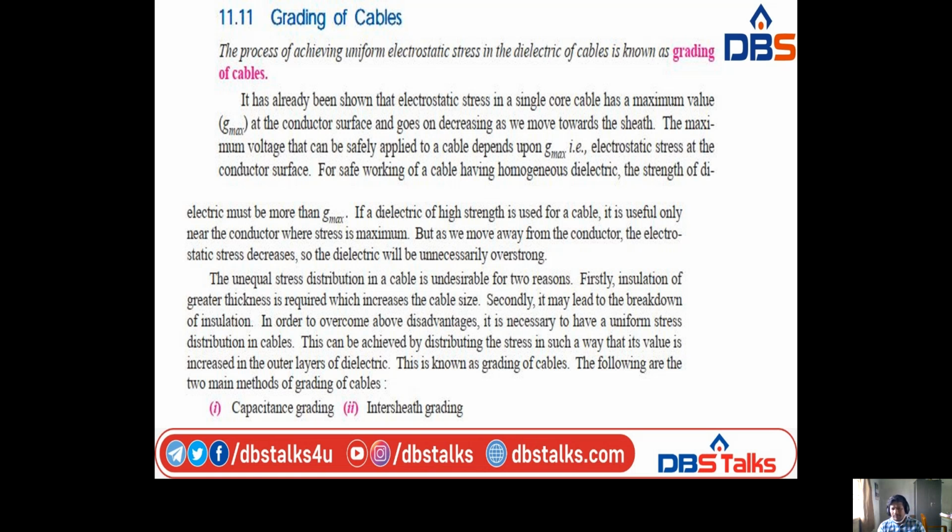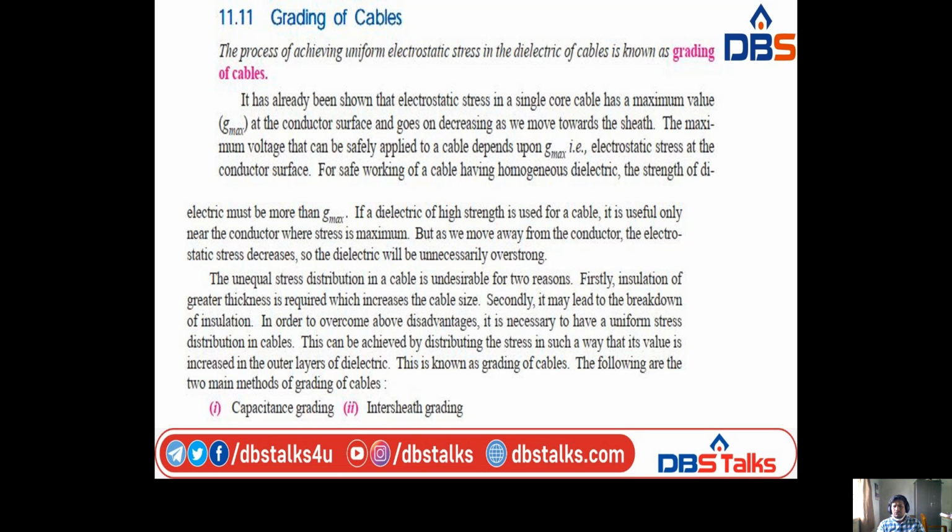Then the topmost important topic from our B.Tech point of view is grading of cables, right? Generally, as we discussed in the last minute, electric stress is maximum at the conductor surface, and it goes on decreasing, having its minimum value at the lead sheath, right? That means electric stresses are not uniform throughout the cable.